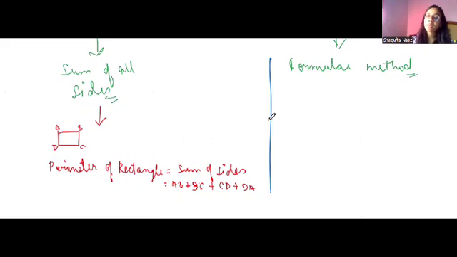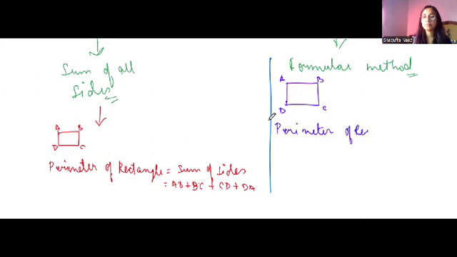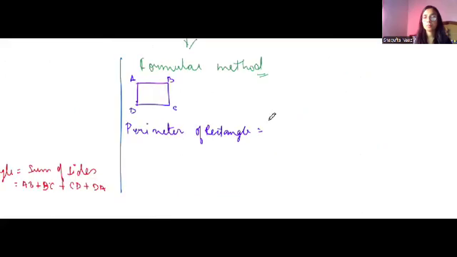So what will that formula be? Here we have a rectangle ABCD. The formula says the perimeter of a rectangle equals 2 multiplied by length plus breadth.